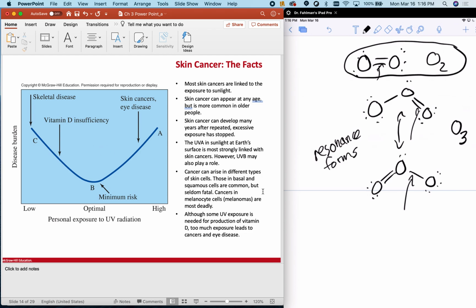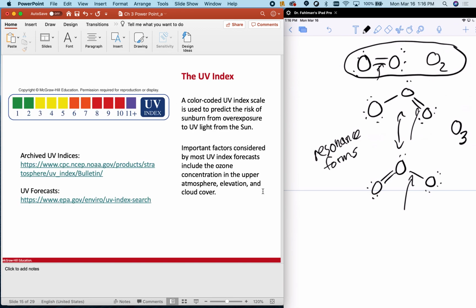All right. The UV index, I have a couple websites here. The UV index is not unlike the air quality that we looked at. The CMU colors, remember, maroon was bad for air quality.